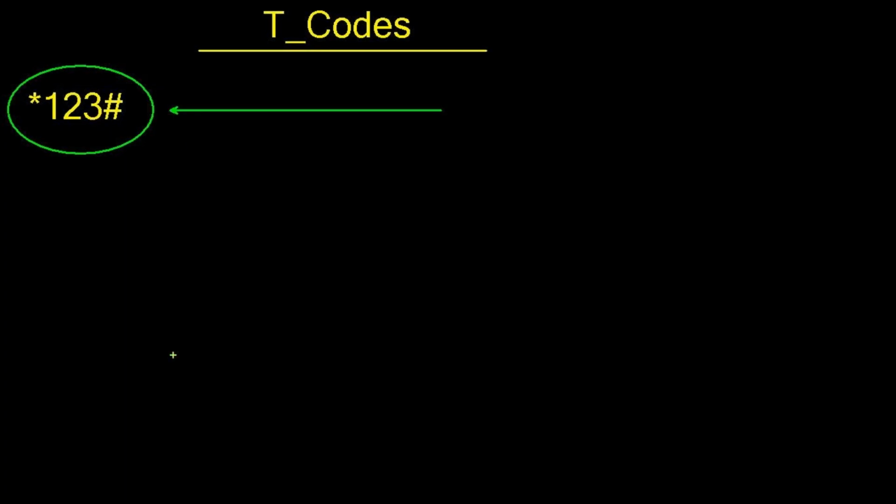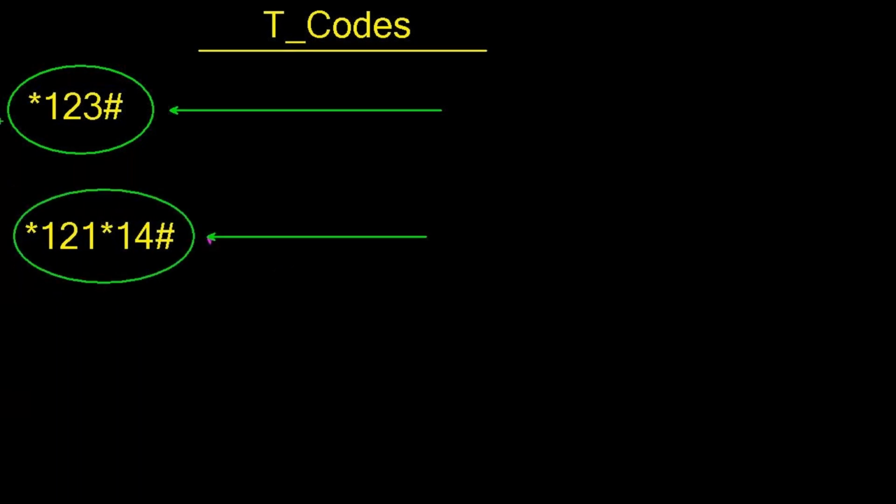And if you want to recharge your mobile, for example, *121*14-digit number#. This is a code to recharge mobile, and *123# is for mobile balance. What is the meaning of *123#?